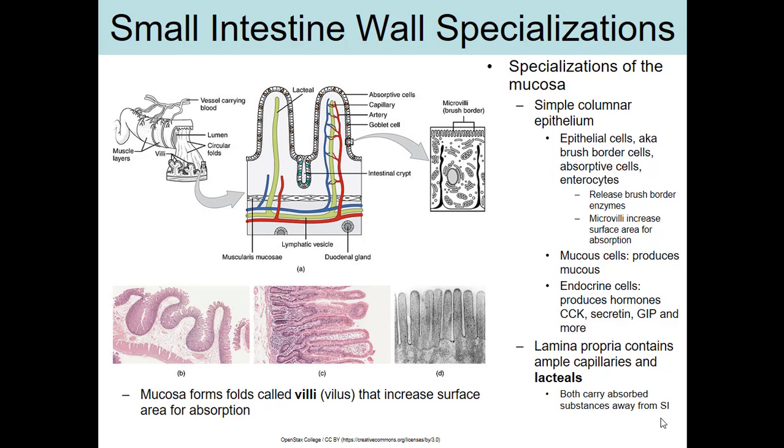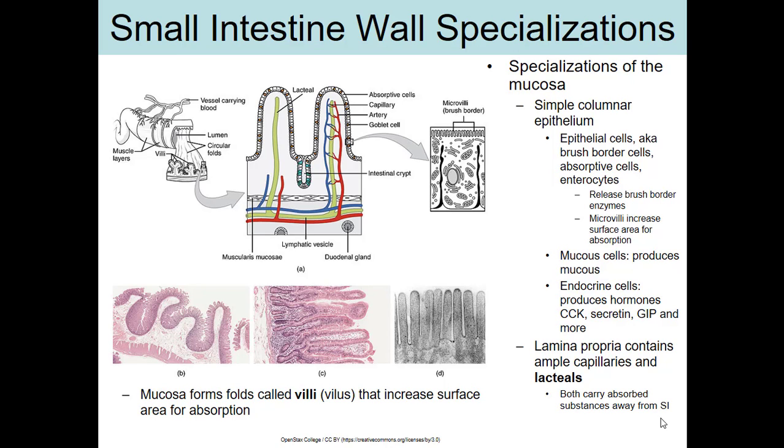So if we can increase the surface area for contacting nutrients, then we can increase the surface area for absorption. And we do this basically by having folds of the mucosa with other folds, right? Folds within folds within folds. All of these different folds, like I said, increase the surface area for absorption. But let's take a look at some of the specific specializations.